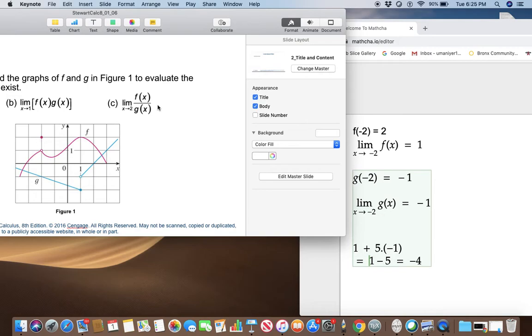Next, the limit of the quotient, but this is going towards 2. At 2, g has limit 0, f has limit whatever, 1.5 or whatever. So notice g has limit 0. It's in the denominator. So again, the limit law does not apply.